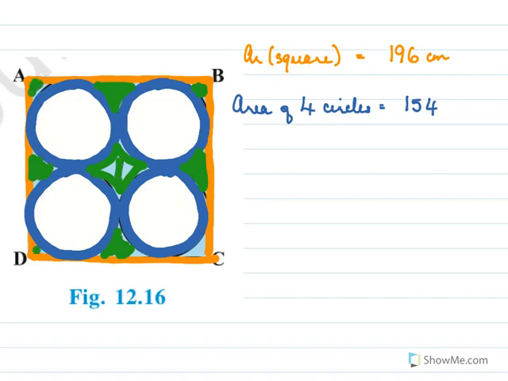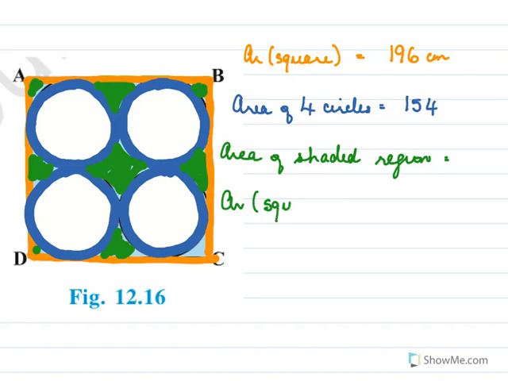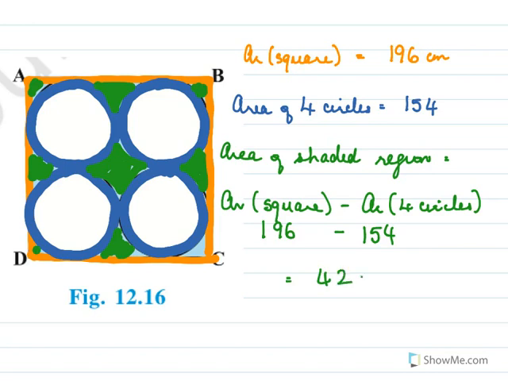Here, this is the remaining portion that we need to find, and that would be area of shaded region, which will be area of square minus area of 4 circles. So area of square was 196 minus 4 circles, 154, and this is 42 centimeter square.